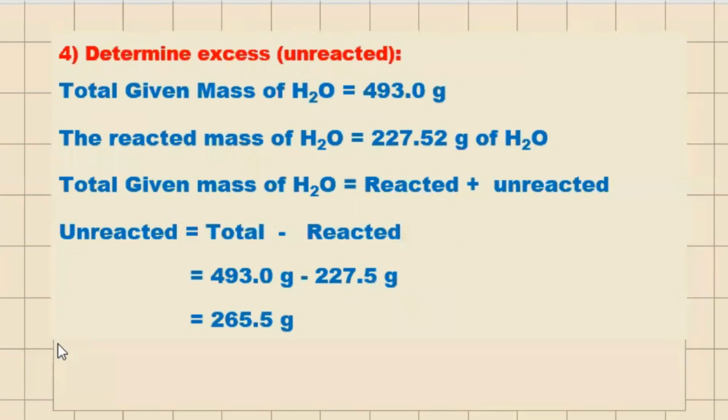The total given mass of H2O equals the reacted amount plus the unreacted amount, so the unreacted amount equals 493 minus 227.5. This gives 265.5 gram of H2O remaining unreacted, left over after the chemical reaction is complete.